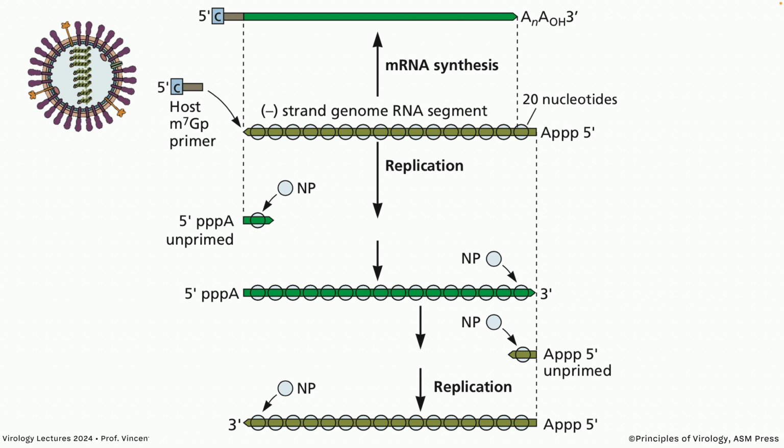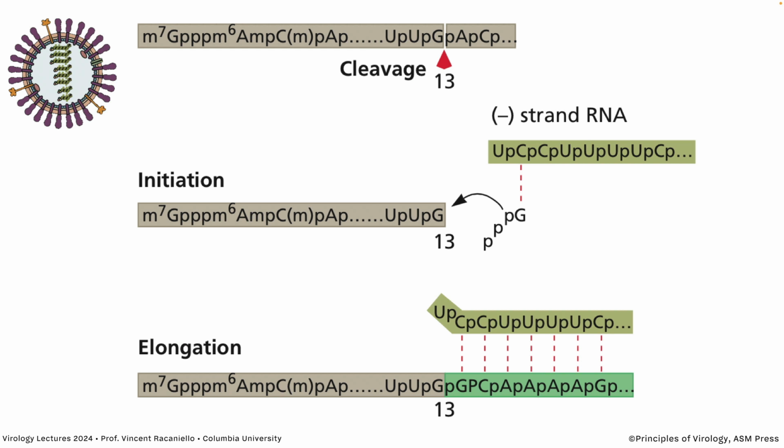It switches to making full-length plus copies of the negative strand, and those can be copied into negative strands to make more virus particles. Okay, so the mRNA is not the same as the genome, so we have a switch. The switch, again, is controlled by nucleocapsid protein.